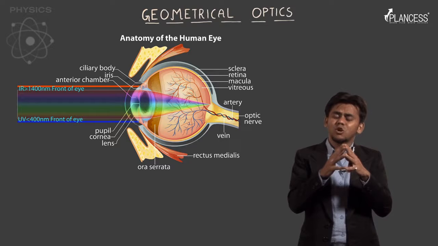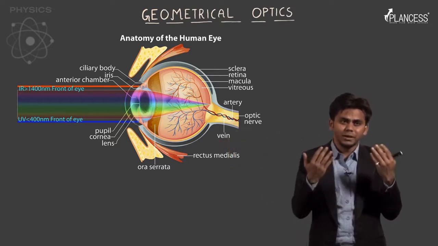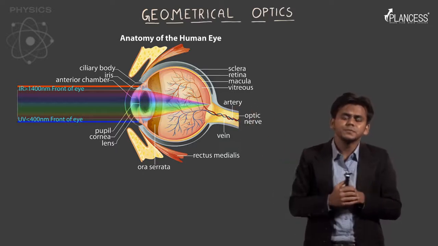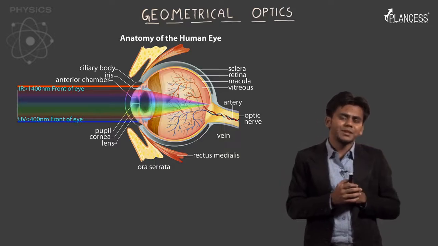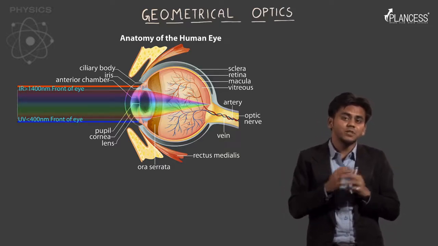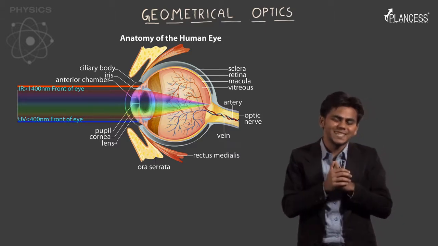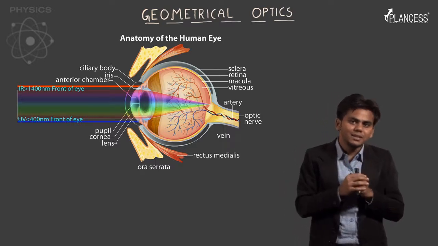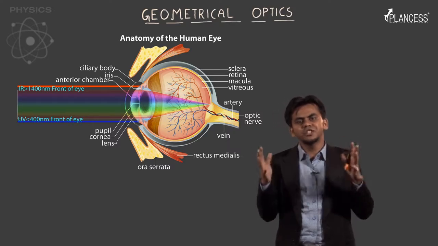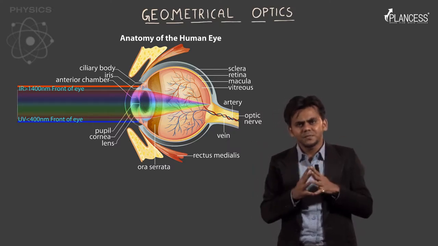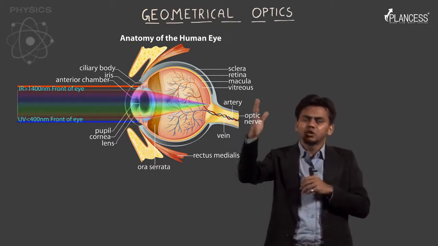So in the case of infinite separation of the object from my human eye, the distance of the retina from the lens is actually the focal length. So the distance between lens and retina is equal to the focal length under relaxed condition, in which the image formation is such that all the light rays are converged to the retina.